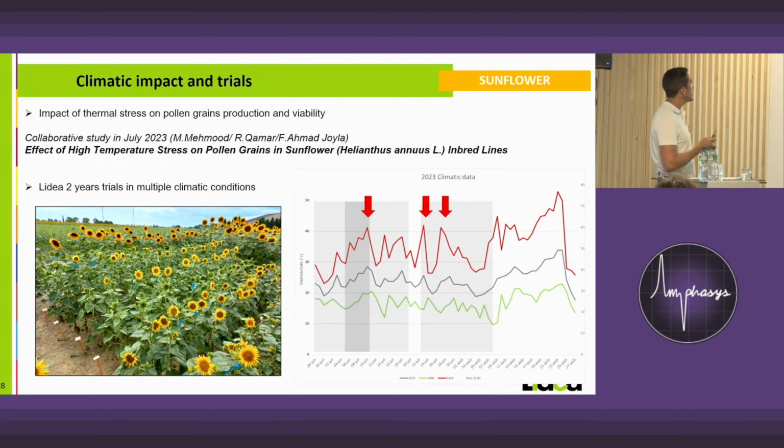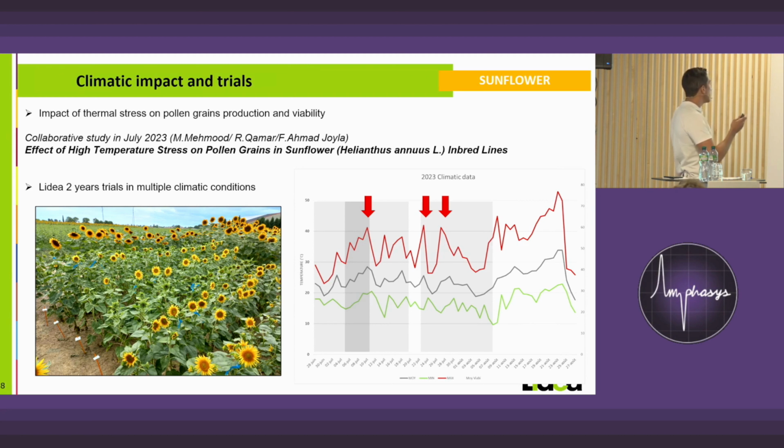Climate has a huge impact on pollen quantity and pollen quality. A collaborative study made in July 2023 shows the effect of high temperature on pollen viability in terms of germination and in terms of pollinic tube length.